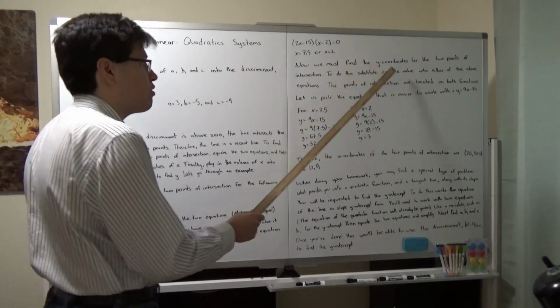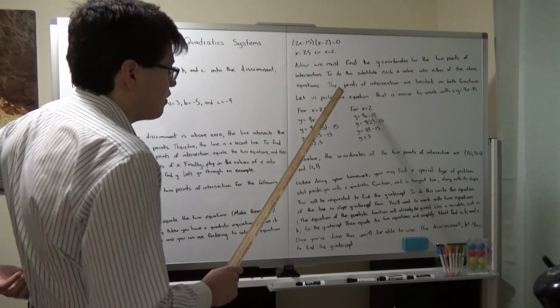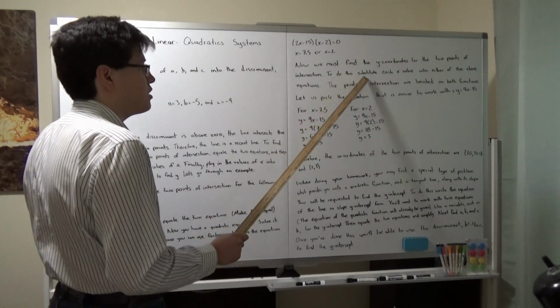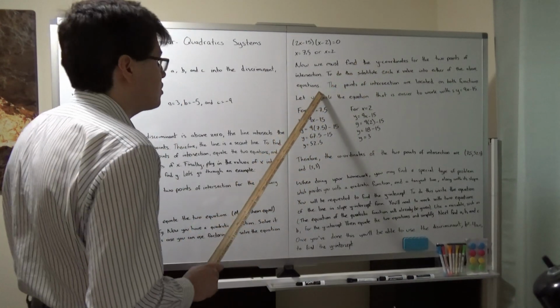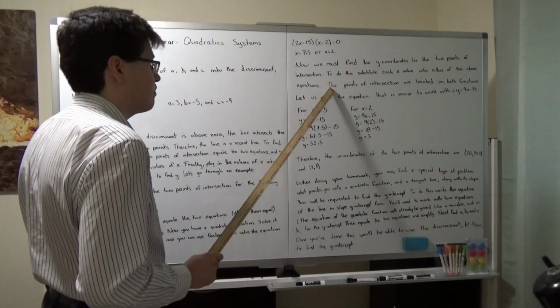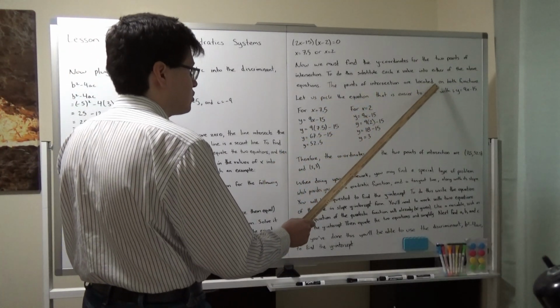Now we must find the y-coordinates for the 2 points of intersection. To do this, we substitute each x value into either of the above equations. The points of intersection are located on both functions.